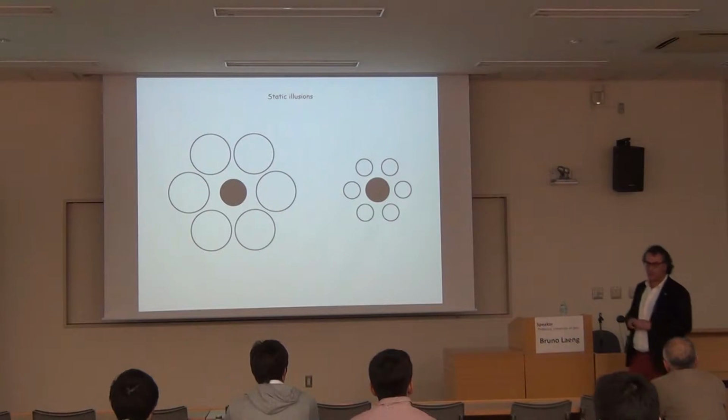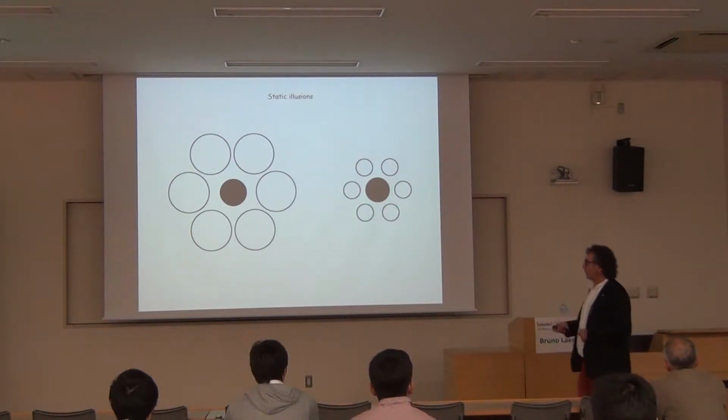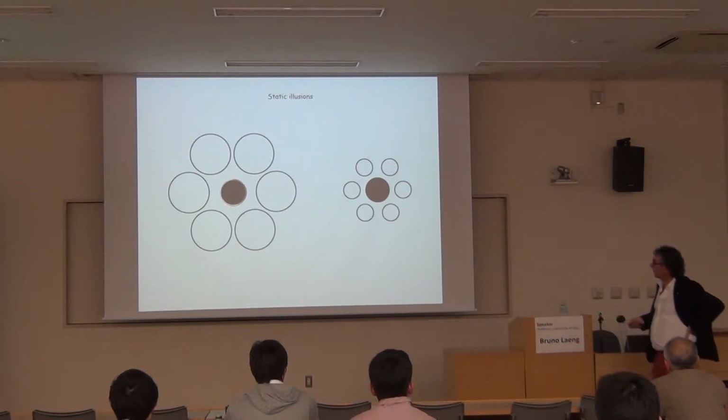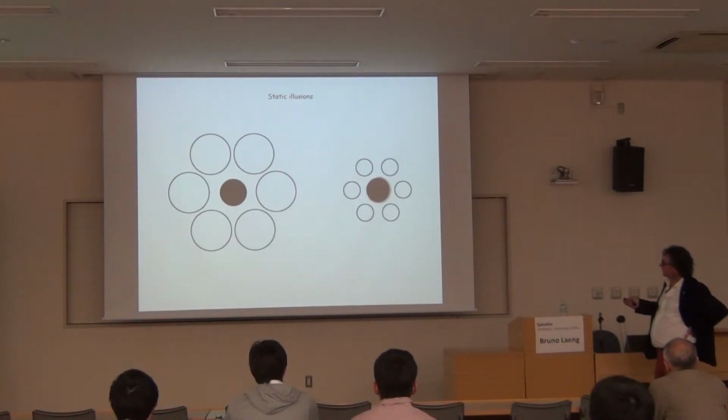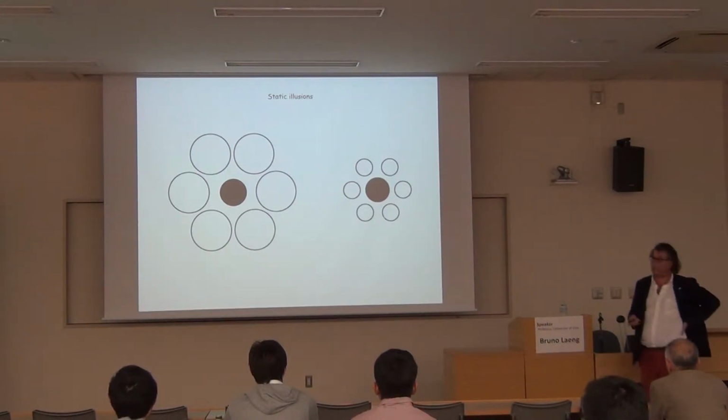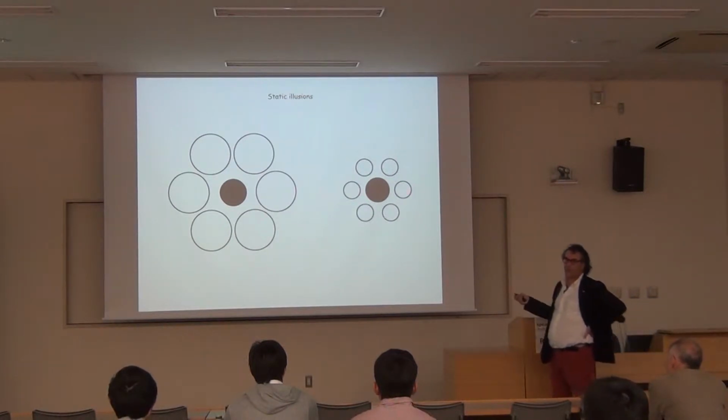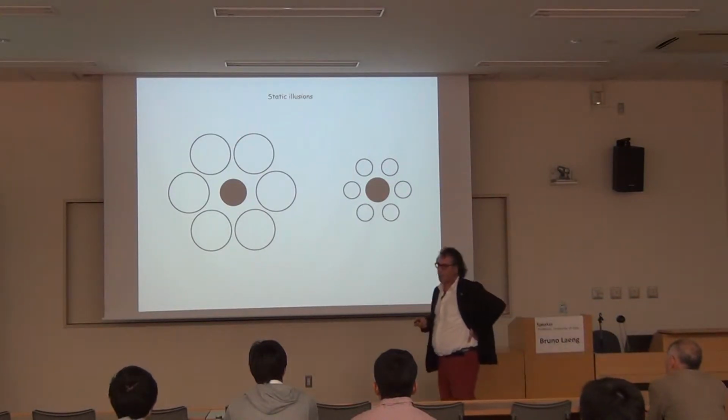And this is the Ebbinghaus illusion. This circle here, okay, looks of different size than this circle here. In fact, this should look a bit smaller than this one. Do you agree? Yeah? But again, the truth is that they are exactly the same size.